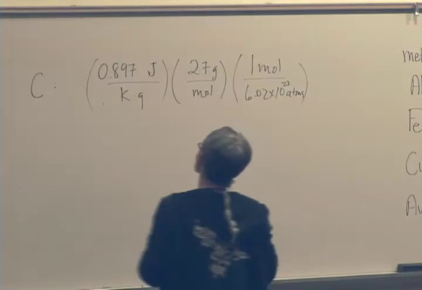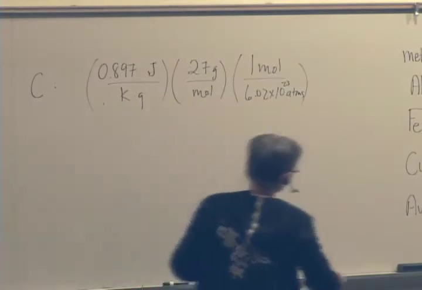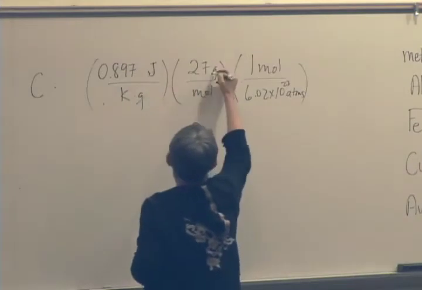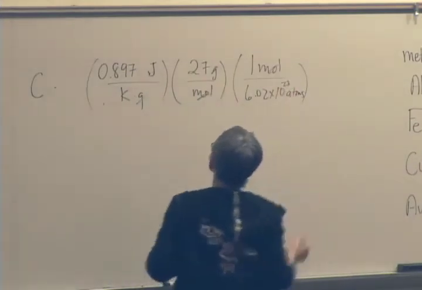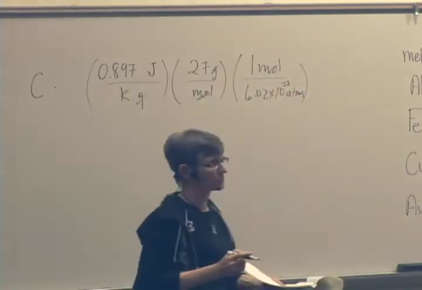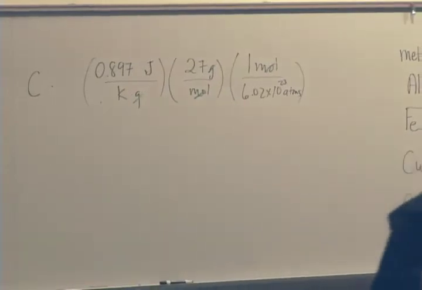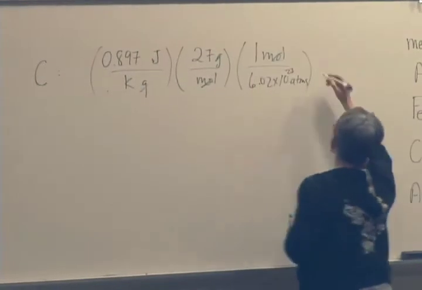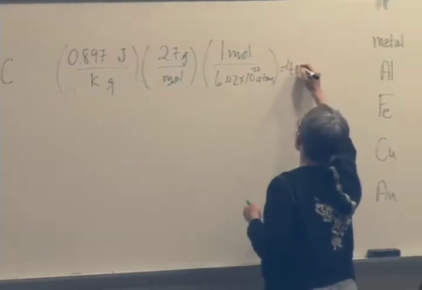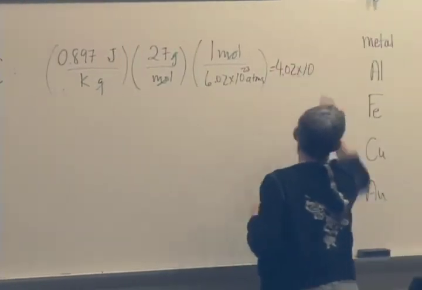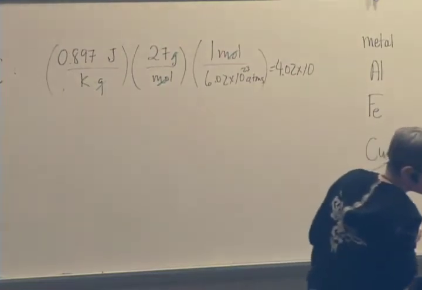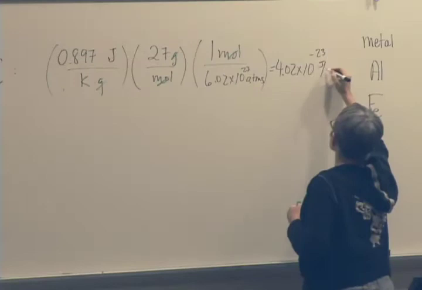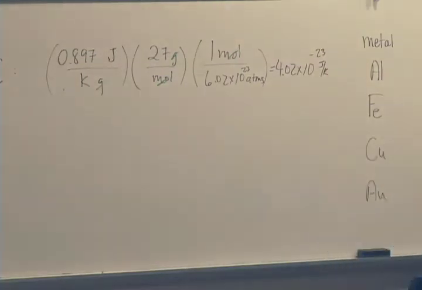And so, let's see, the units are going to work out right. We've got grams cancel and moles cancel, and we come out joules per Kelvin atom, which is what we want. And if we work that out, it comes out to 4.02 times 10 to the negative 23rd joules per Kelvin. So we'll put this over here.